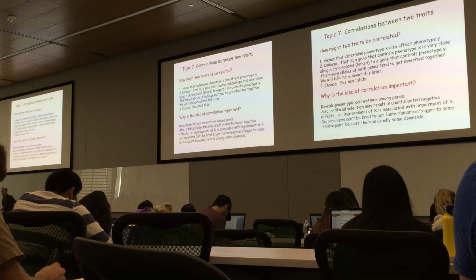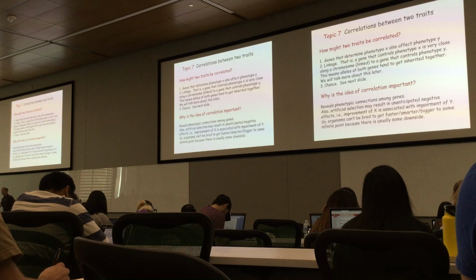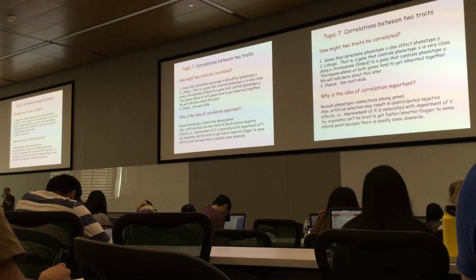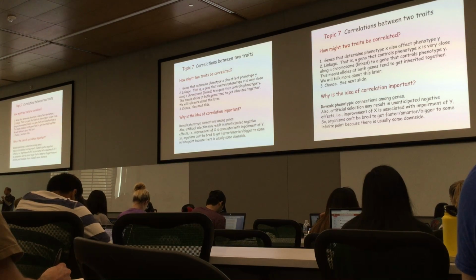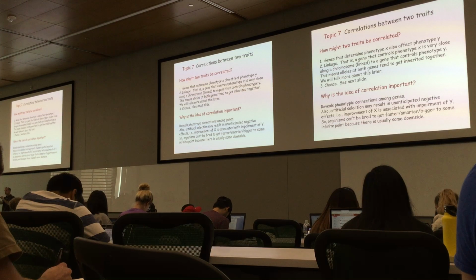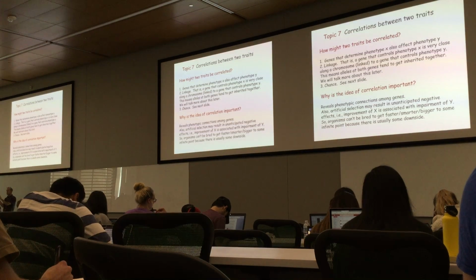Another reason is linkage, and we haven't talked about linkage. We'll talk about it after the first exam when we discuss recombination. But if you have an allele of a gene at some location on a chromosome, and really close by you have another allele of another gene, and the first one controls trait X, and the second one controls trait Y, then whenever you see X, you see Y also.